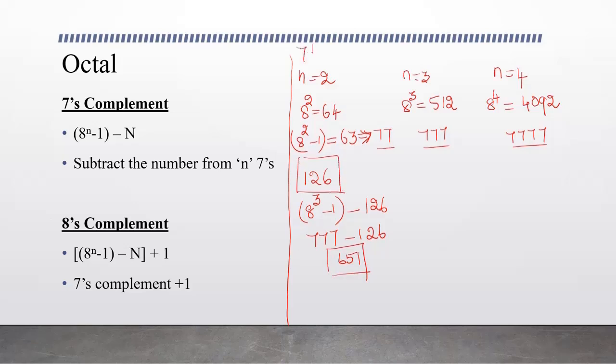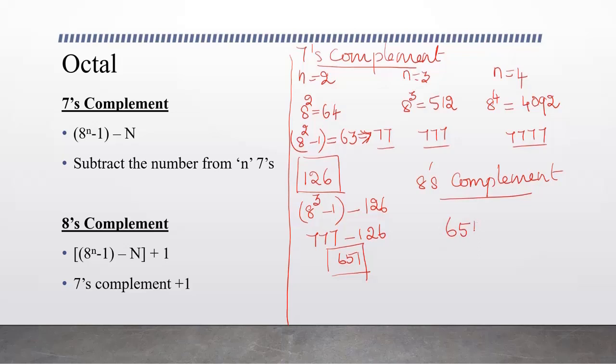This is 7's complement. And to find the 8's complement, we write the 7's complement of the octal number and we add 1 to this, so it is 652.